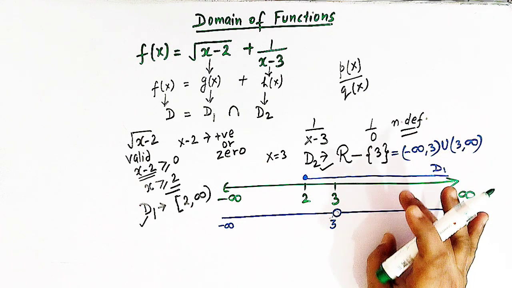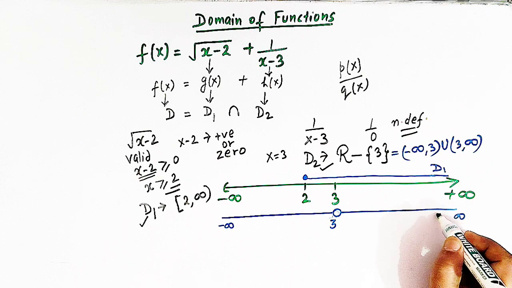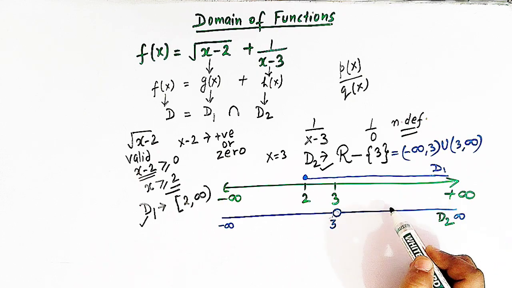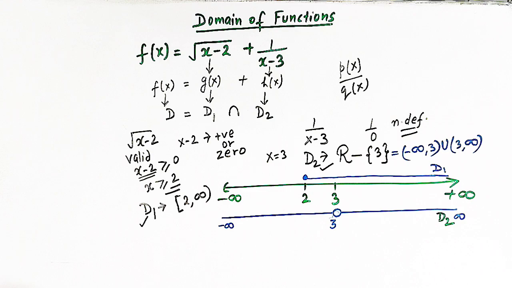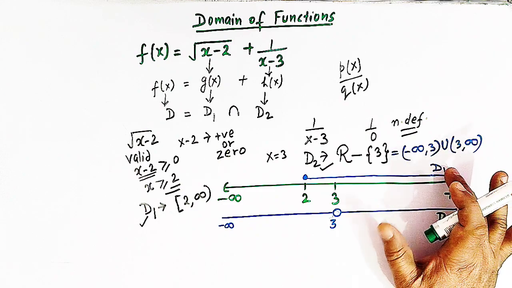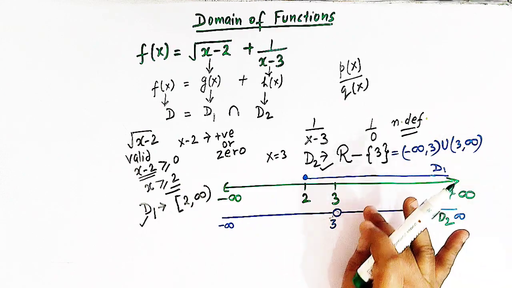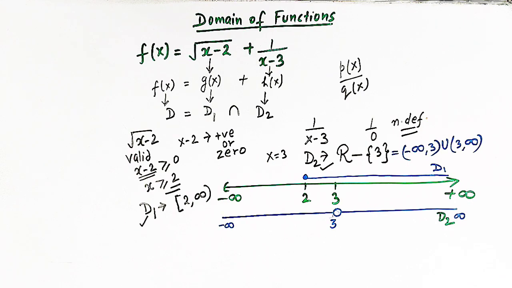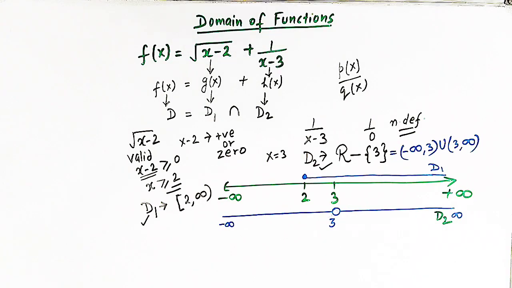Now from d1 and d2, we have to identify the common region, and from the real number line we can easily identify it.